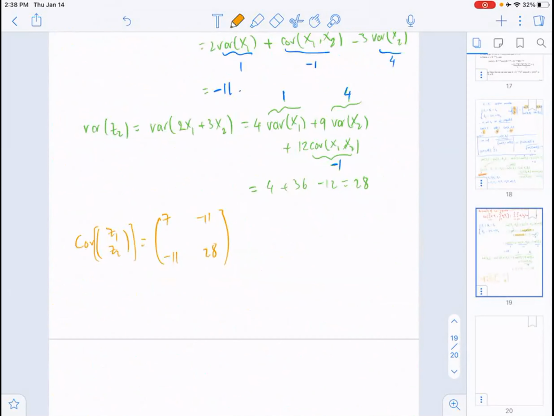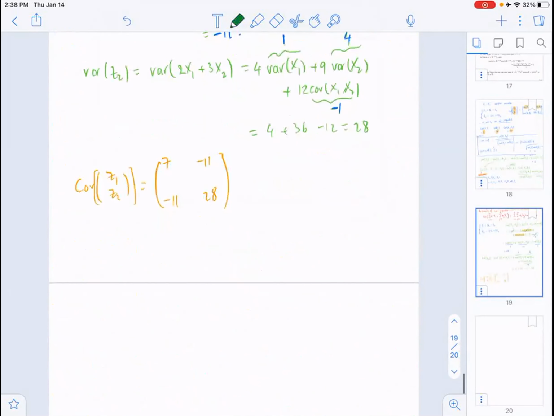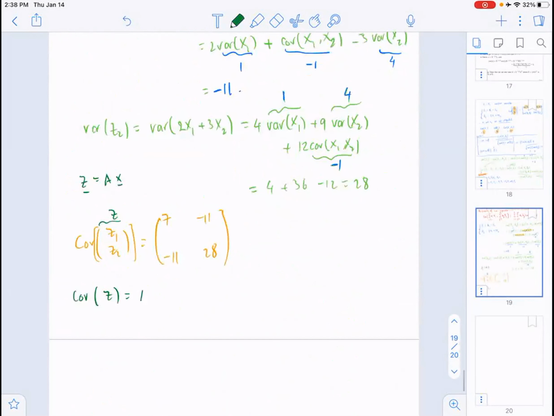So how about doing it using the lemma three now? So lemma three says that covariance of the vector called this z can be written, if I can write z as A times, let's say, vector x, then I have that this is A covariance of x times A transpose.